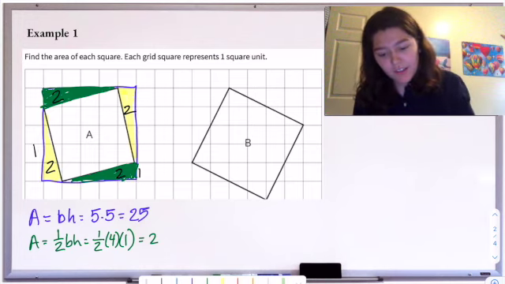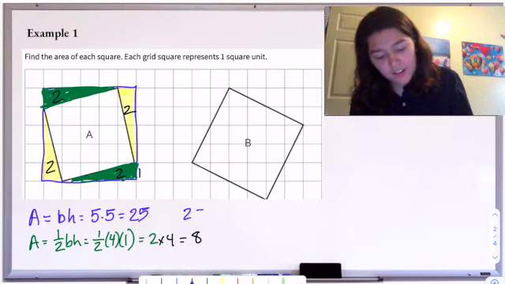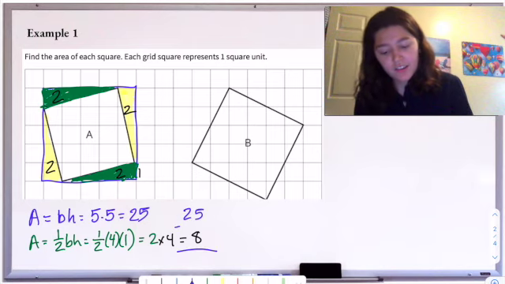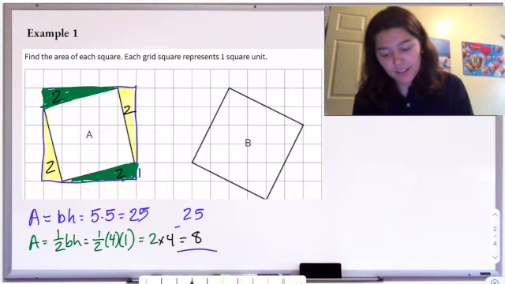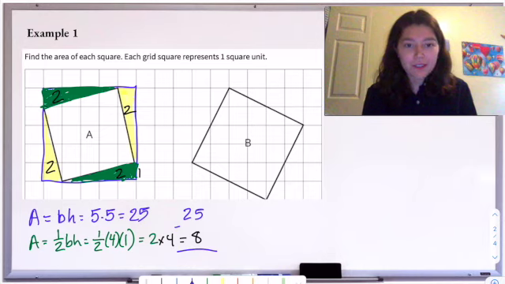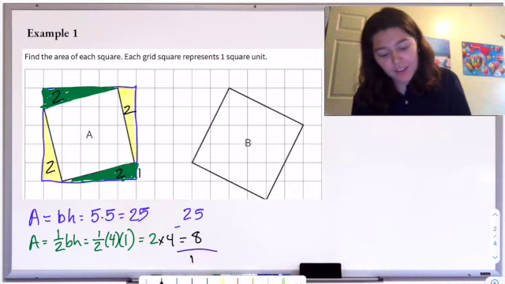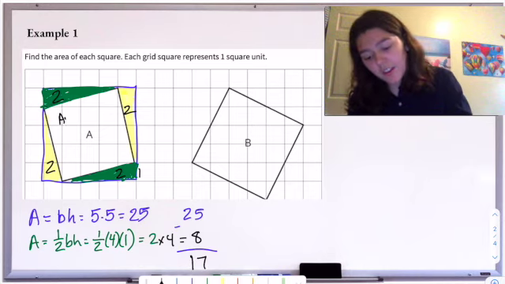So what I can do then is subtract 25, the area of my whole, minus 8, because this is 2 plus 2 plus 2 plus 2. What is 25 minus 8? That's 17. So the area of square A is 17 square units.